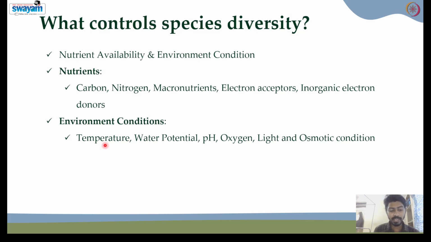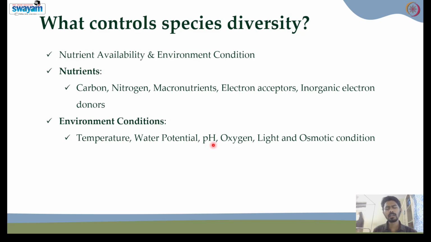Why is environmental condition important? We have to know that every microorganism or species has different environmental conditions. For example, if we take temperature, different types of species grow at different temperatures, and also pH.